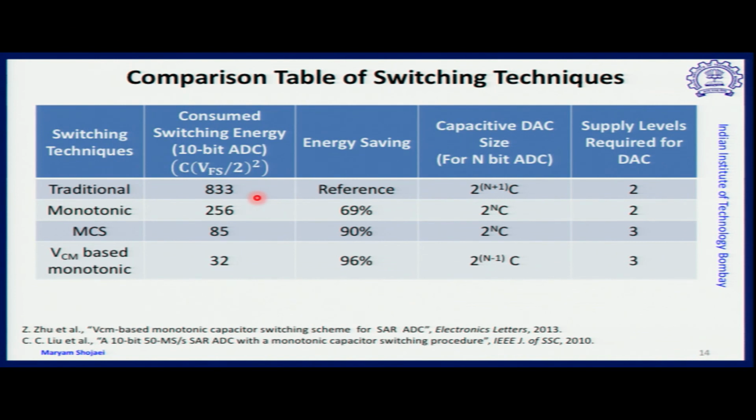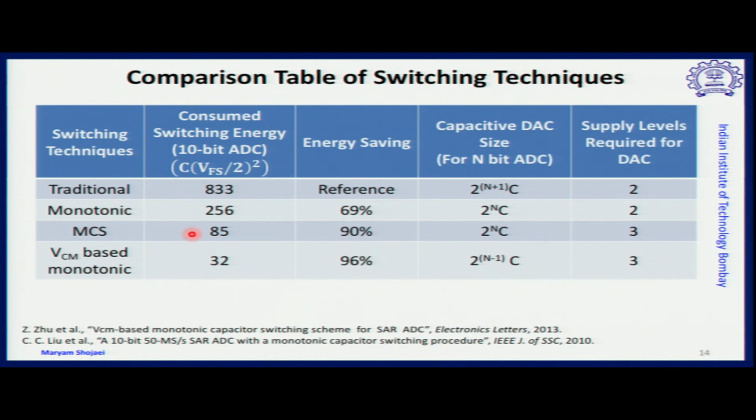So the traditional technique surprisingly consumes a lot of energy, more than 800 times this unit, while monotonic switching reduces the consumption to around 250, so 256 times.